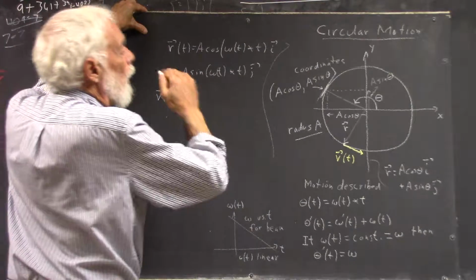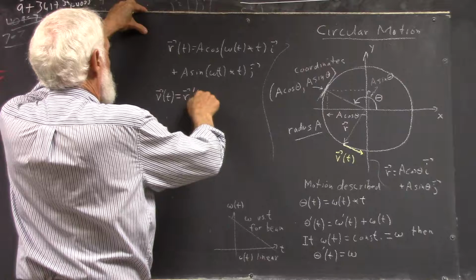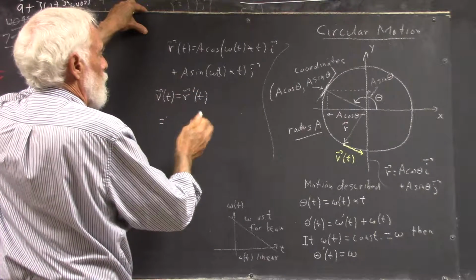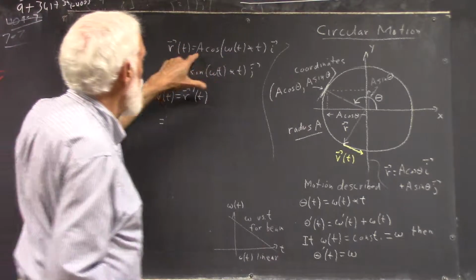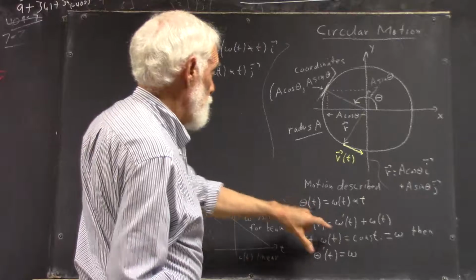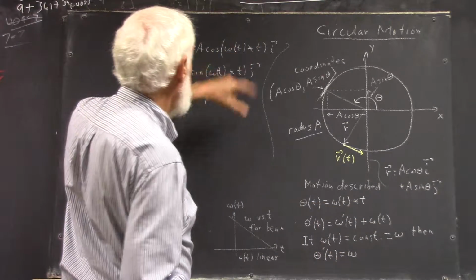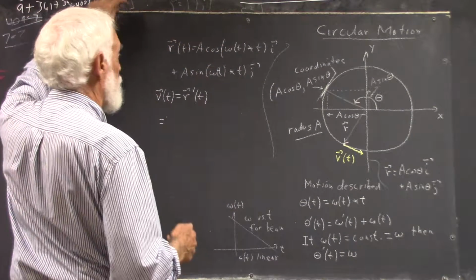The rate at which r changes is r prime of t, and that equals, in general, the derivative of the inner function, which is omega prime plus omega times the cosine of this function, and by the chain rule, similar for this.